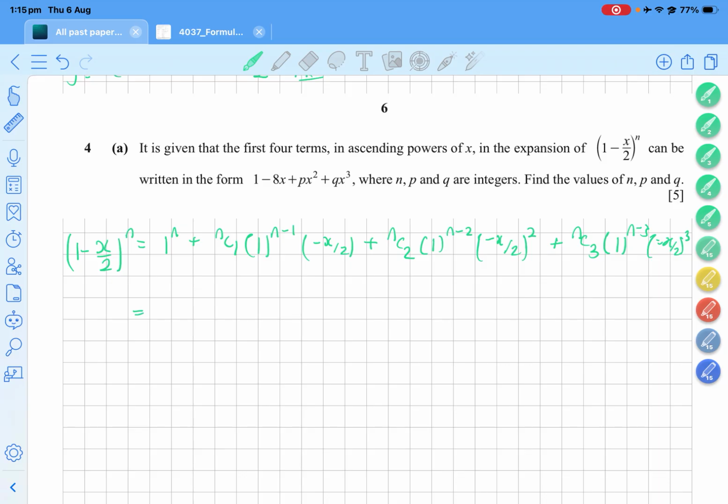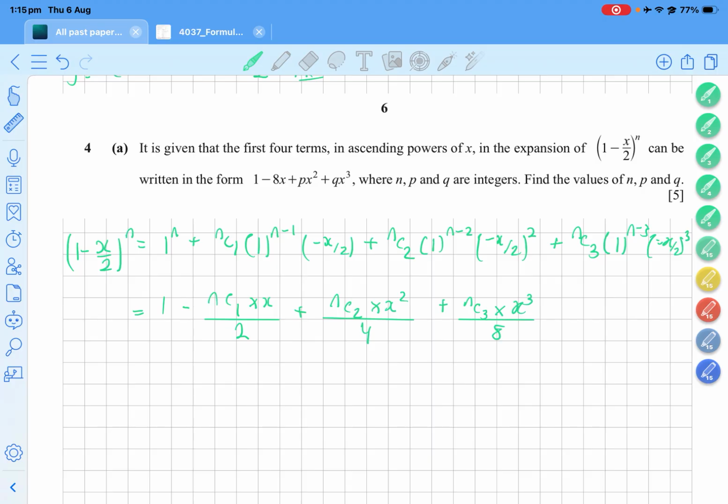So 1 raised to anything is just 1. So this is 1. This is nC1 into x by 2. This is nC2 into x squared by 4. And this is nC3 into x cubed by 8.